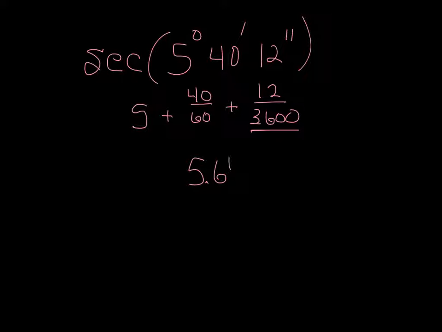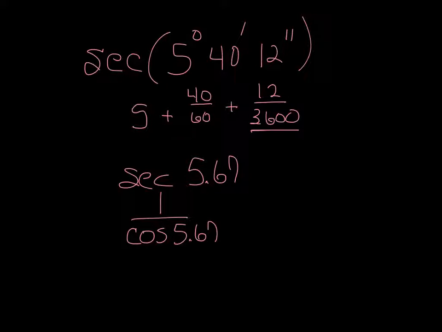Now, if we're going to find the secant of 5.67, the secant is the reciprocal of which trig function? Cosine. So it's 1 over the cosine of 5.67. That's what you're going to put in your calculator.